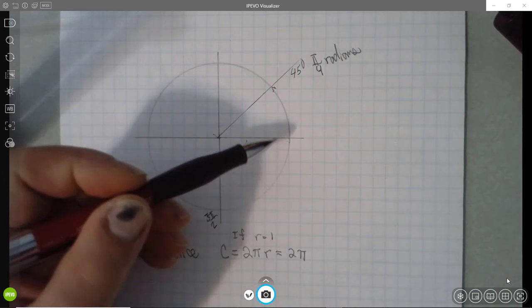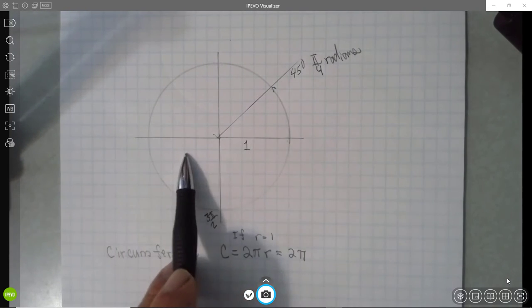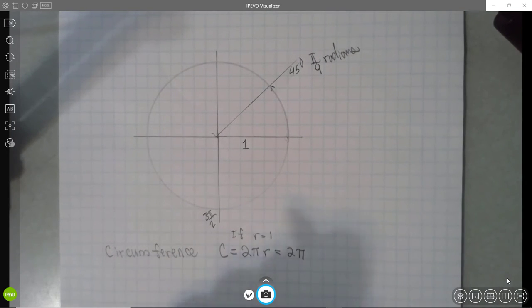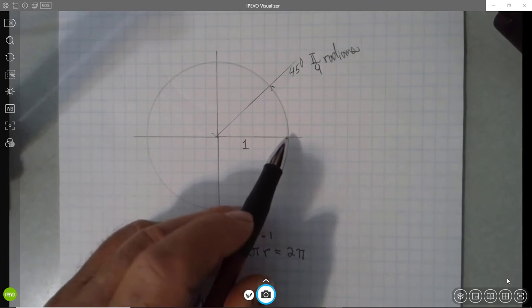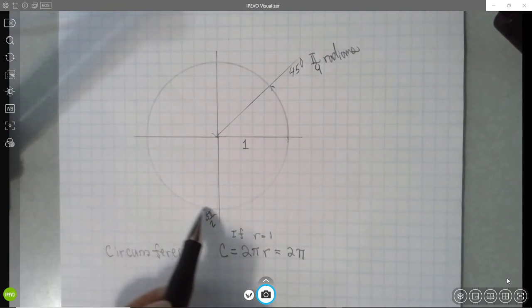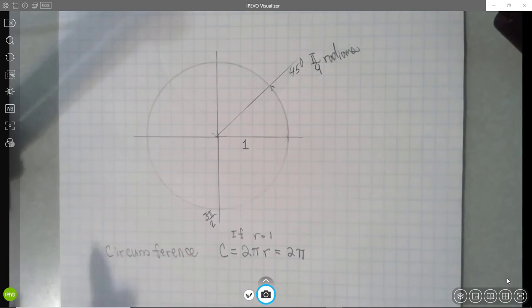So you could just go a quarter of a pi mile, and that would give you the place to stop in order to strike off that 45-degree angle. So the first reason that radians are important is that the measure is equivalent to the arc length, the distance that you're traveling along the circumference of the circle.